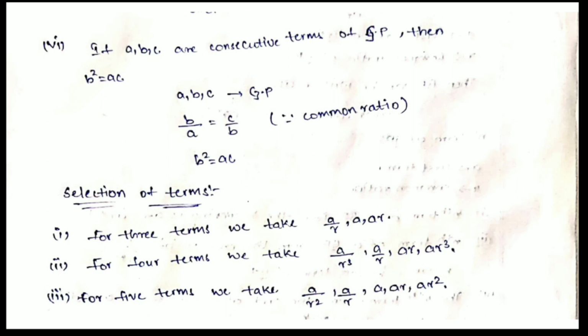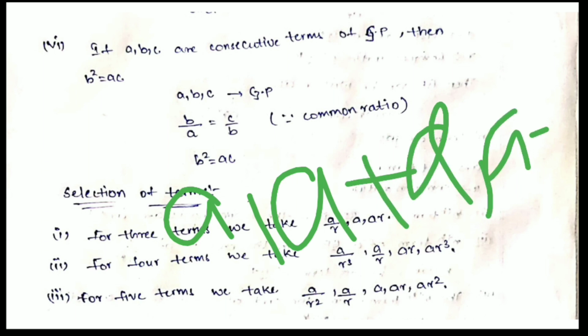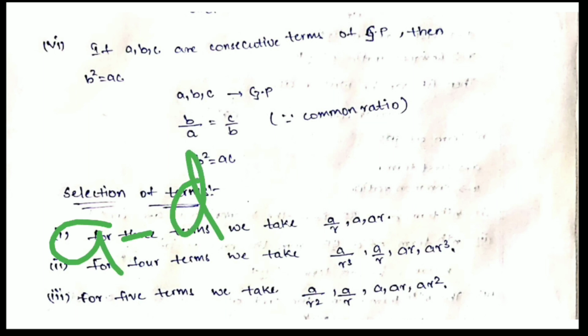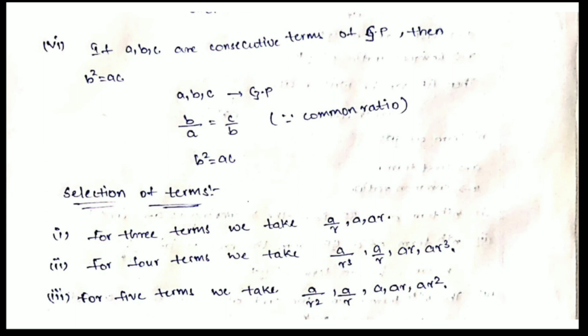Now in problems, if we get that these three terms are in AP, or these three terms are in GP: in AP we can take A, A plus D, A plus 2D like this. But for ease in AP we take A minus D, A, A plus D. Here also for the first three terms A by R, A, AR. And for the first four terms A by R cube, A by R, AR, AR cube.